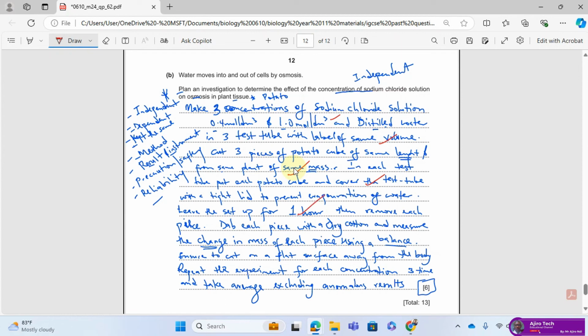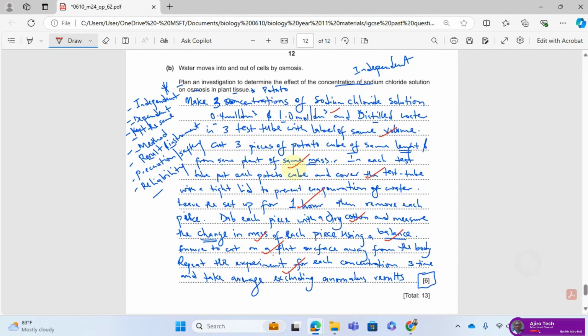These are some of the variables you kept the same. The duration of the experiment, how you ensure that your result is reliable. You dab with a dry cotton, and what you are measuring, change in mass, of course, the instrument, then precaution and reliability. So with this you have more than 6 marks. We have 1, 2, 3, 4, 5, 6, 7, 8, 9, 10 already. So any of this would be enough for you to get your maximum mark.